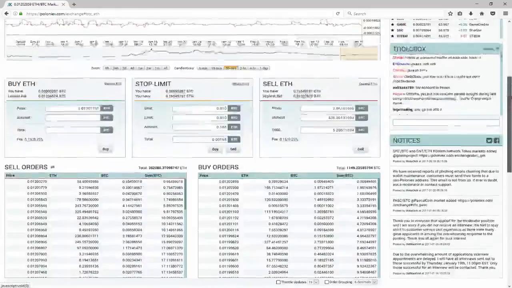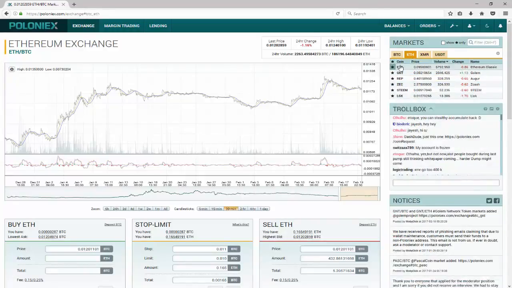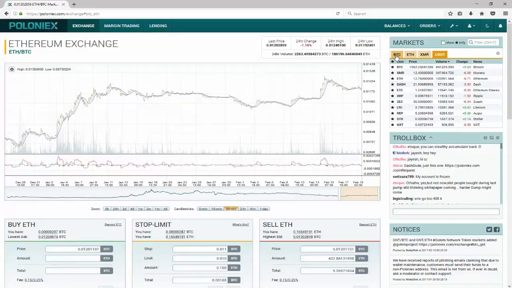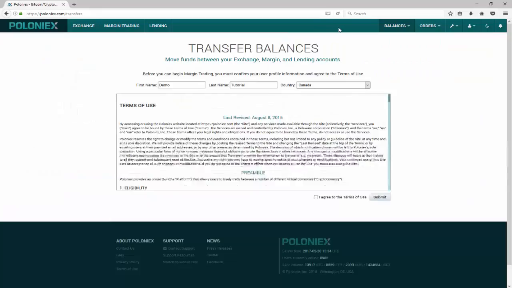And I'll show you how to transfer funds. So now that's exchange, and you could trade on the Ethereum markets, the Monero markets, and the USDT. But I like to just stick with the Bitcoin markets because they're the most liquid. So if I want to transfer balances between exchange and margin, for example, I just click on transfer balances.